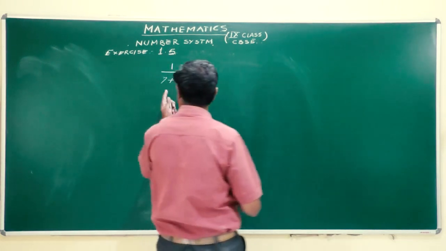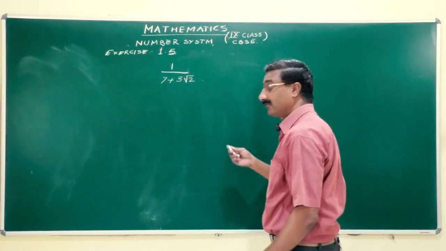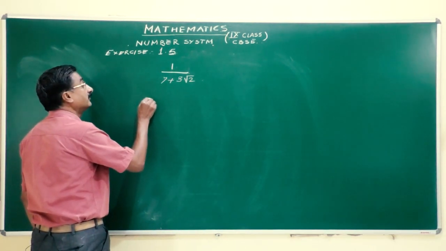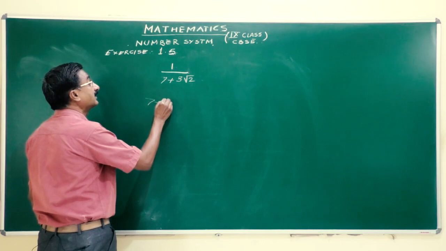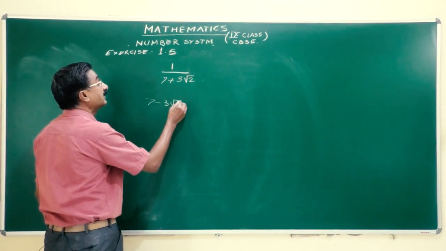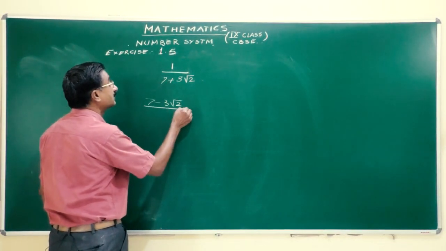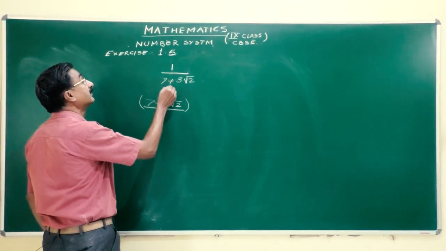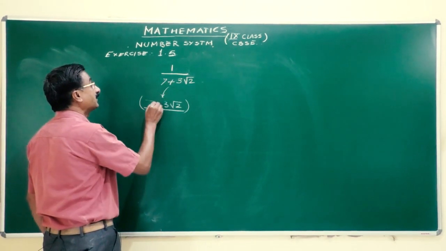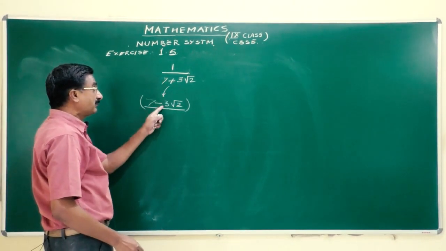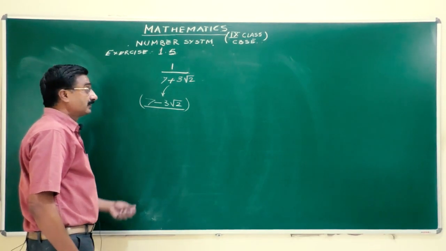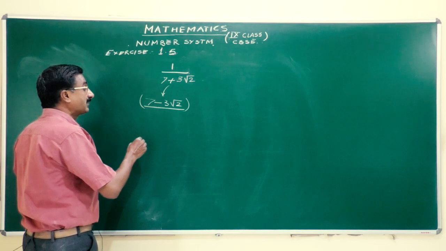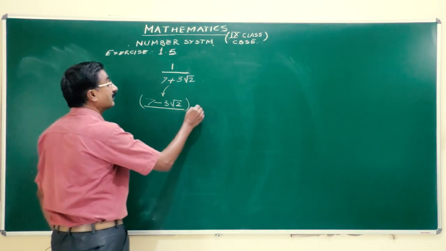To rationalize the number 1 upon 7 plus 3 root 2, the procedure is the same. What is the first step? We have to multiply the numerator and denominator by 7 minus 3 root 2. See, here the sign is plus, so I am taking minus, so that when you multiply both terms, it will satisfy the identity, that is, a plus b into a minus b is equal to a square minus b square.